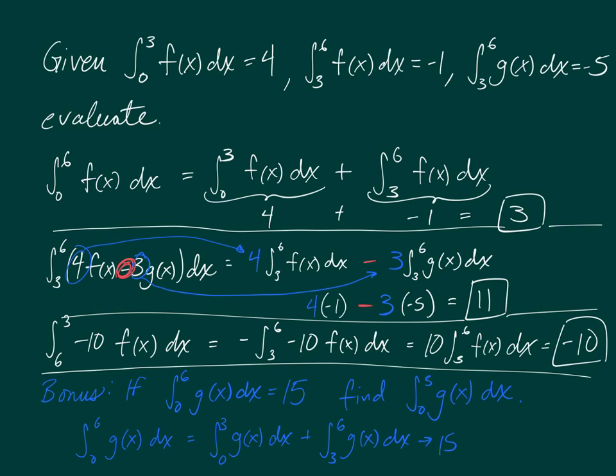We have 15 equals the integral from 0 to 3 minus 5. And so if we just add 5 to both sides, this should be 20. That way, if this were 20, and we take away 5, we end up with the 15 that we were given.